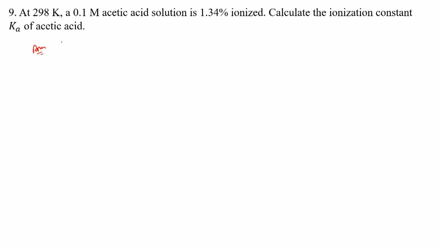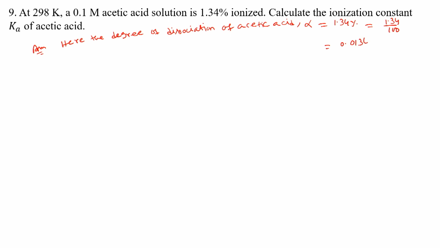So here the degree of dissociation of acetic acid, we say alpha is 1.34%, so 1.34 by 100, so we get 0.0134.